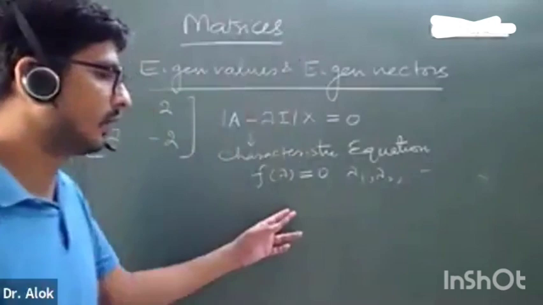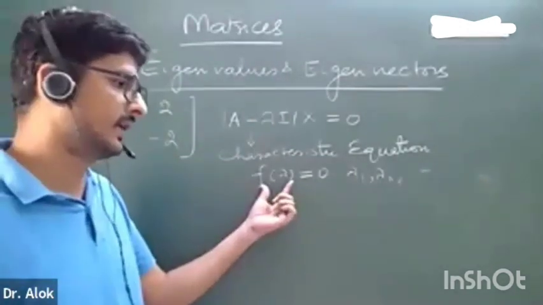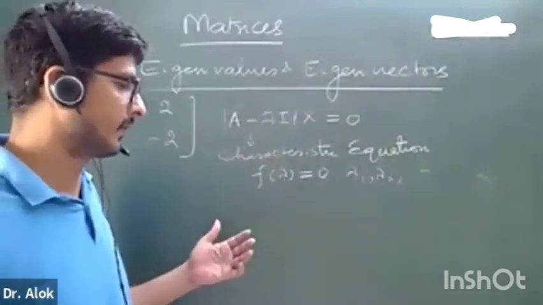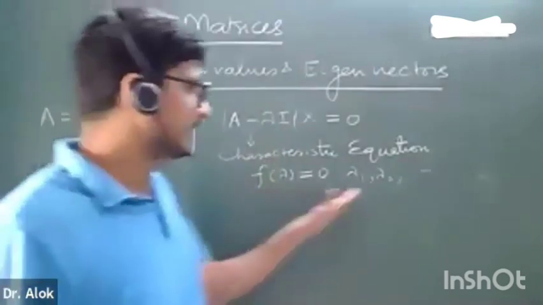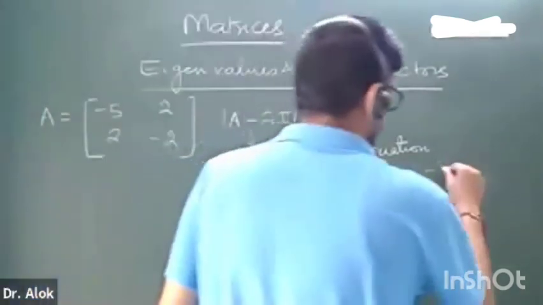So if it is a 2 cross 2 matrix, you will get a quadratic equation. If it is a 3 cross 3 matrix, you will get a cubic equation. If it is a 4 cross 4 matrix, you will get power 4. Okay. So such an equation you will get, and these values are known as eigenvalues.